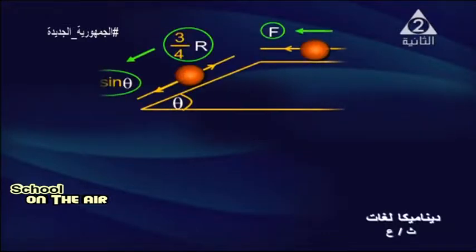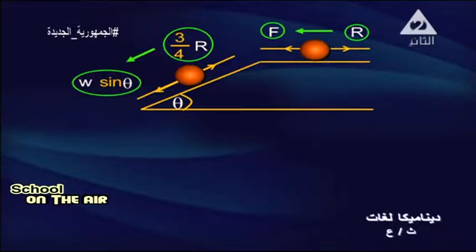Now, the car moves on a horizontal road with uniform velocity. Then the engine force F and the resistance R, the two forces act on the car. When the car reached an inclined plane, the driver stopped the engine of the car.